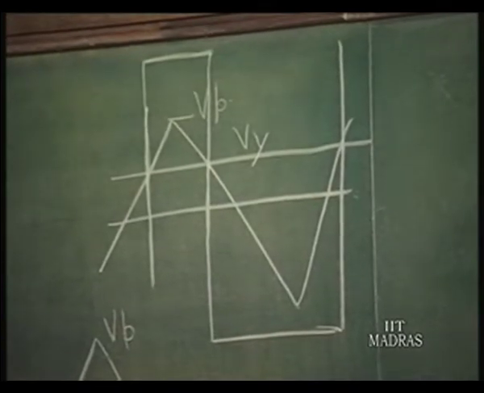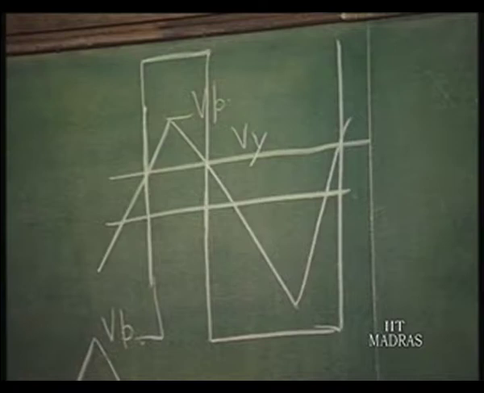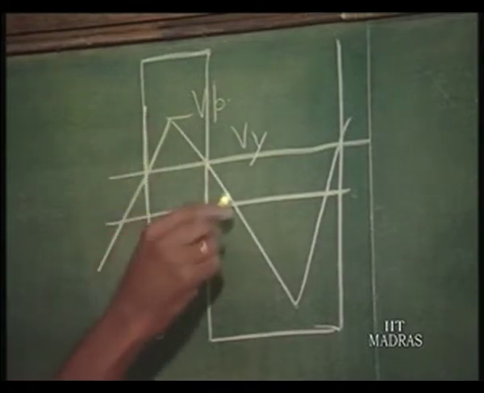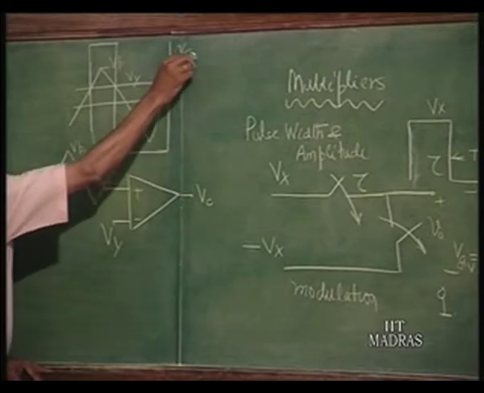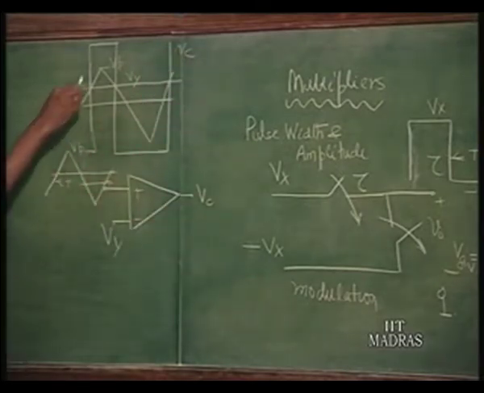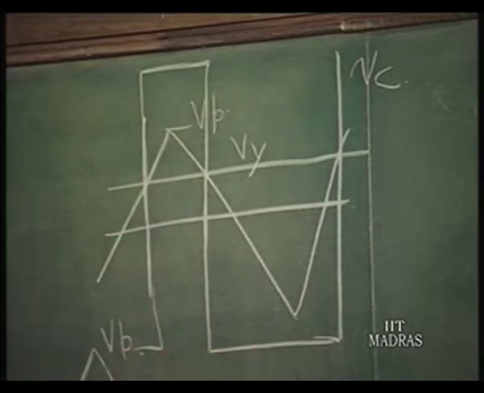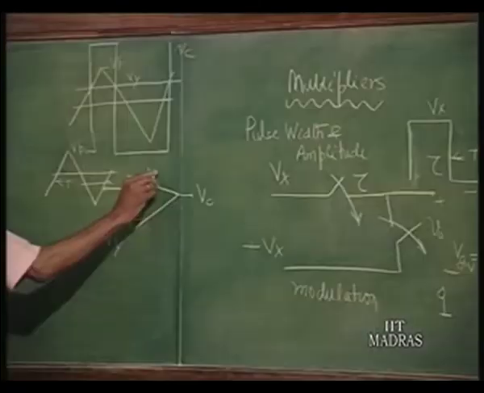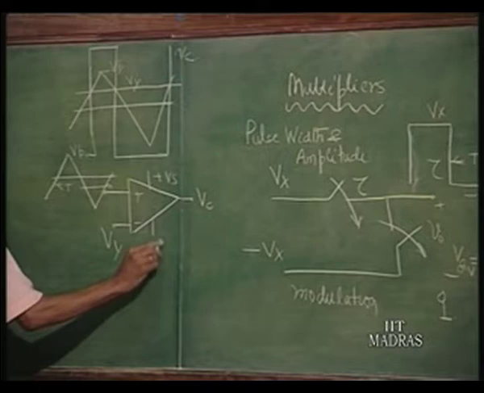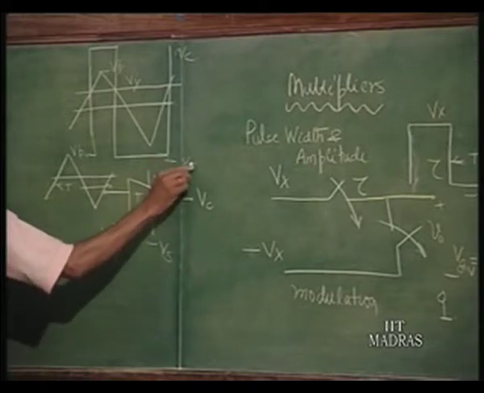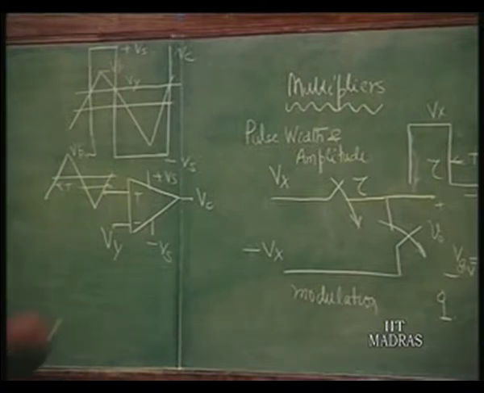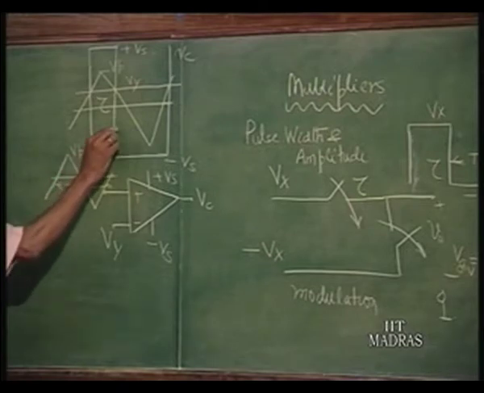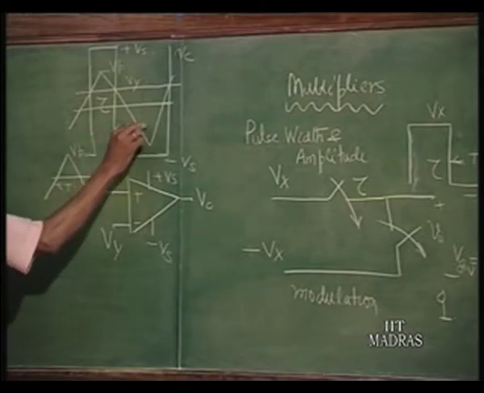So, by using similar triangle principle, this is actually what is going to be Vc. This is going to be high and low. Let us call it minus Vs and plus Vs. So, this width we will call it as tau, then automatically this is going to be T minus tau.